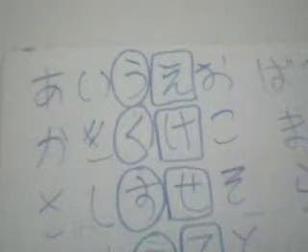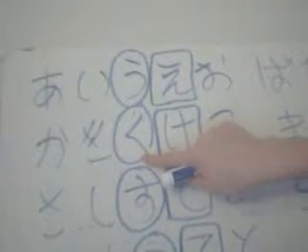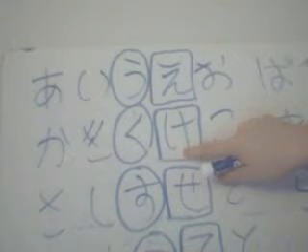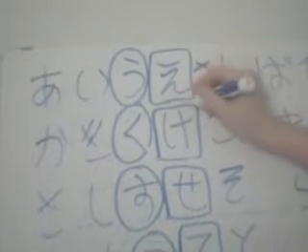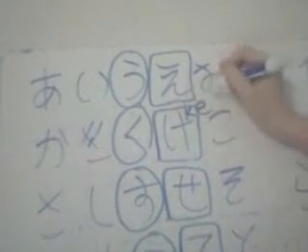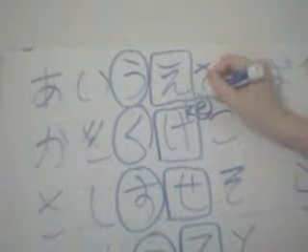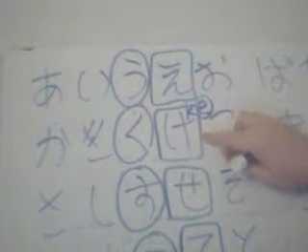To change it to potential form, you have to change the ku into a ke, because ke has K and E, and it has that E in it, which is what we're looking for. And then after you change it into the E column, you add ru after it.